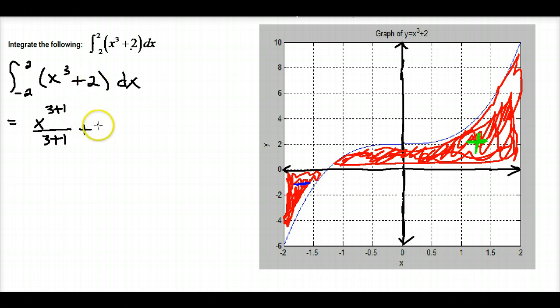And for this portion here, this would just be 2x. And watch how I do this. We're going to take this and evaluate it from -2 to 2. So here we're saying, I'm going to look at the area under this particular curve from when x is -2 to when x is 2 here.